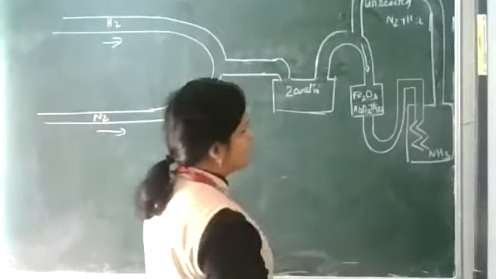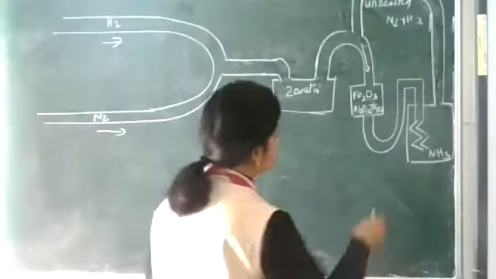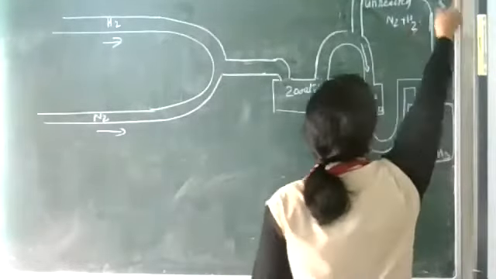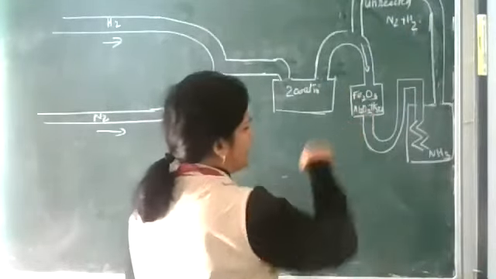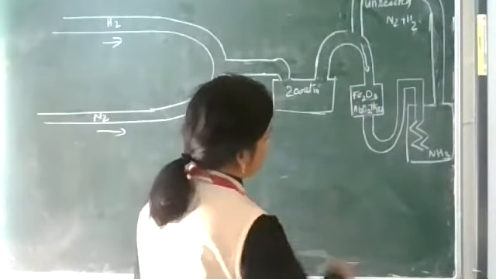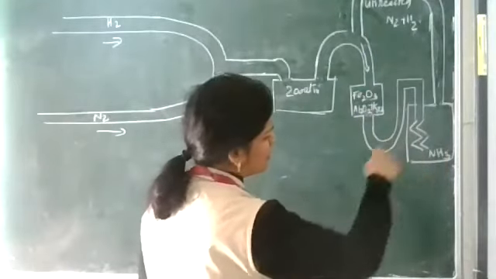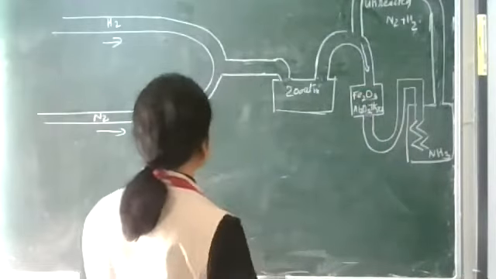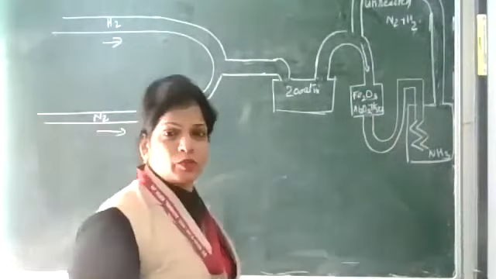Unreactive nitrogen and hydrogen are sent back again to this situation and again pass through this. So this is the chemical process for the preparation of ammonia.